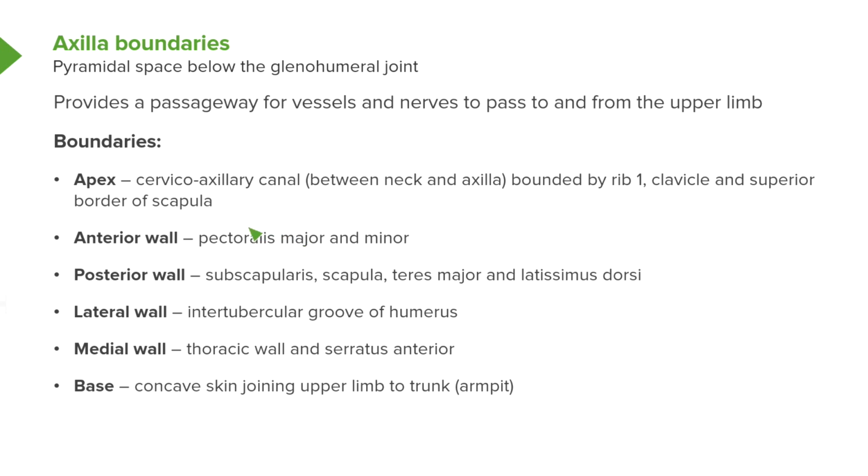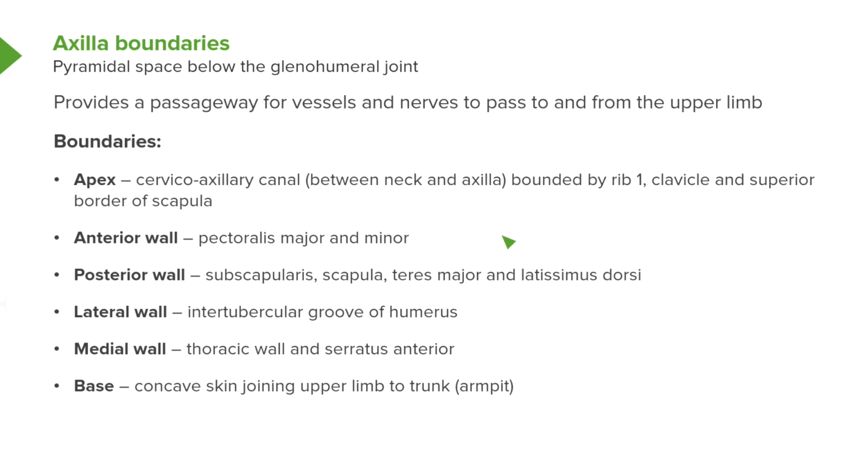The apex of the axilla is known as the cervico-axillary canal, and this is located between the neck and the axilla. So the neck being between the head and your trunk, and the axilla, cervico-axillary canal. This canal is bounded by rib 1, the clavicle, and the superior border of the scapula. So the clavicle, rib 1, and the scapula form the boundaries of this apex.